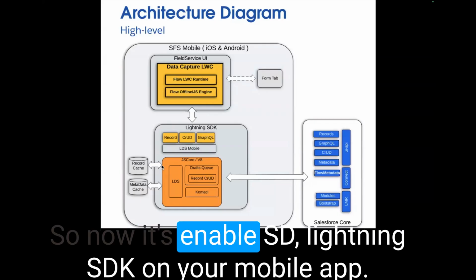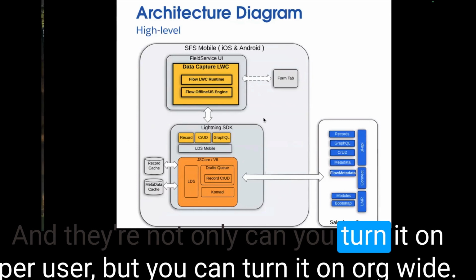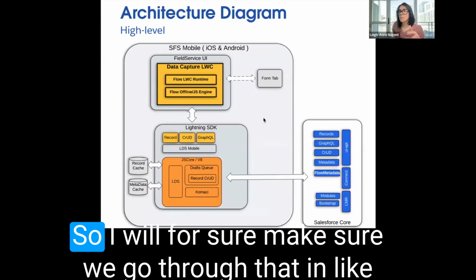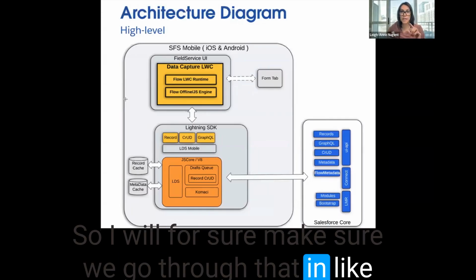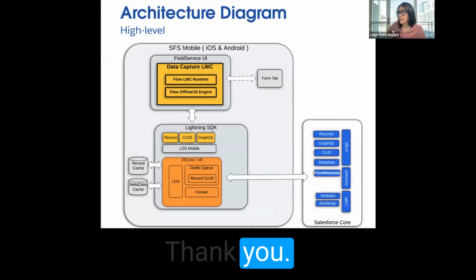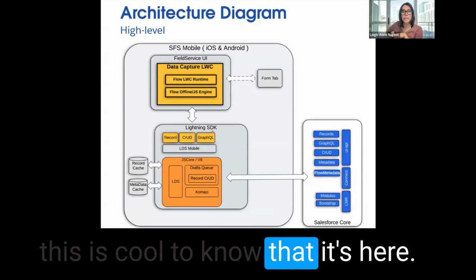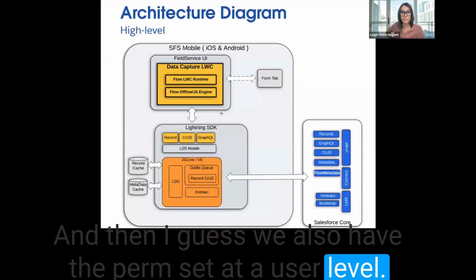So now it's enable Lightning SDK on your mobile app. Okay. And not only can you turn it on per user, but you can turn it on org wide. Yes. Okay. So I will for sure make sure we go through that in the next couple of minutes. Like, how do we actually activate it? Okay, cool. Thank you. I did see that setting this morning and it was like, okay, this is cool to know that it's here. And then I guess we also have the perm set at a user level.